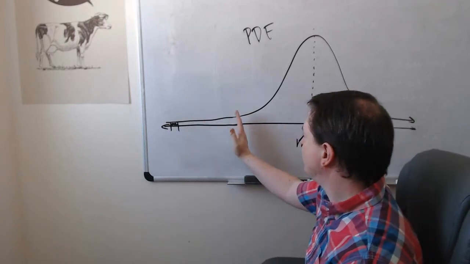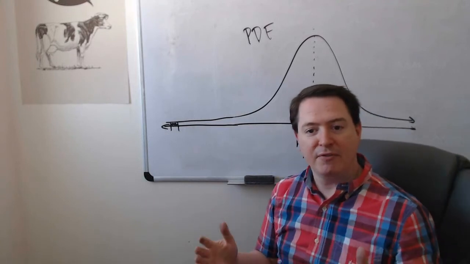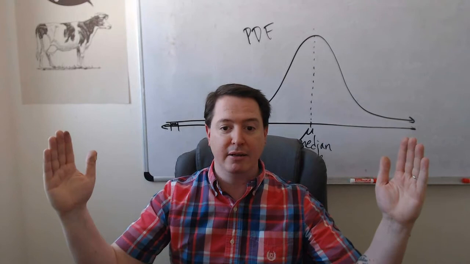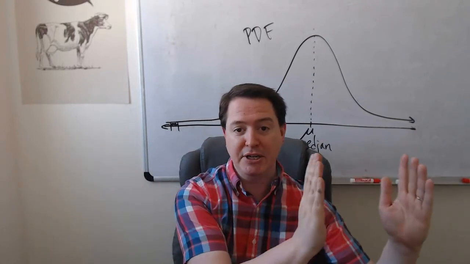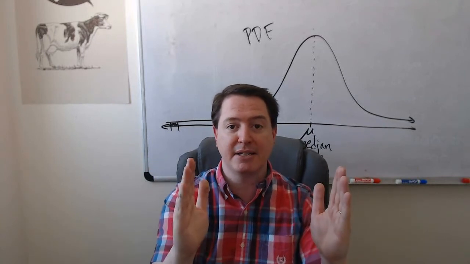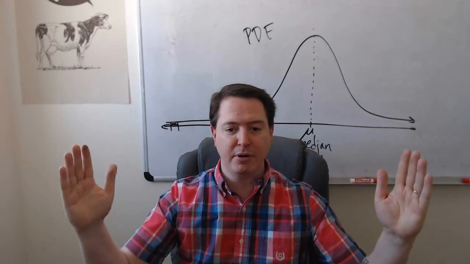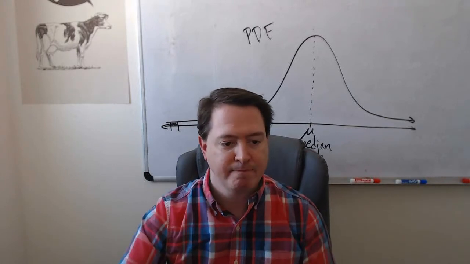So if the mean were smaller, this whole thing would just be moved over. And they could have a different standard deviation. What was a standard deviation? A measure of spread. That's how spread out the bell curve is. Its location is set by the mean, and its variability or spread is set by the standard deviation. Larger standard deviations will be a more stretched out curve. Smaller standard deviations will be a narrower curve.